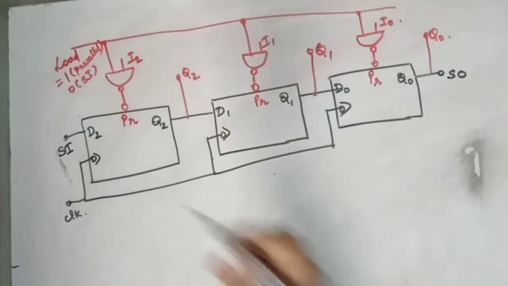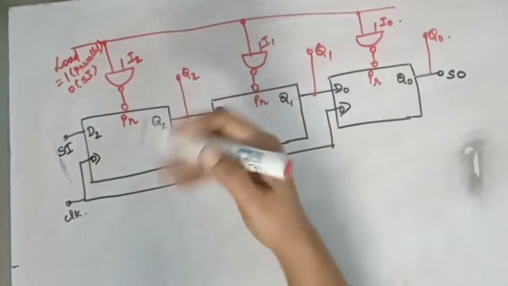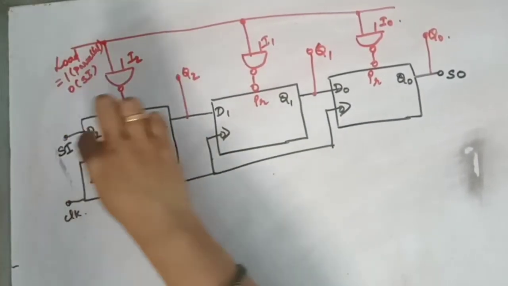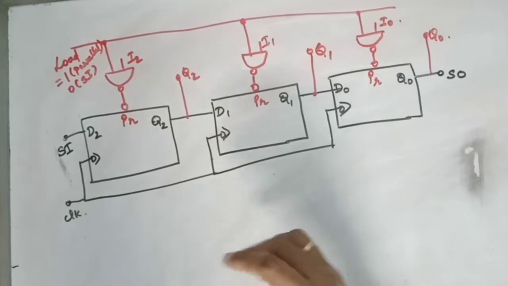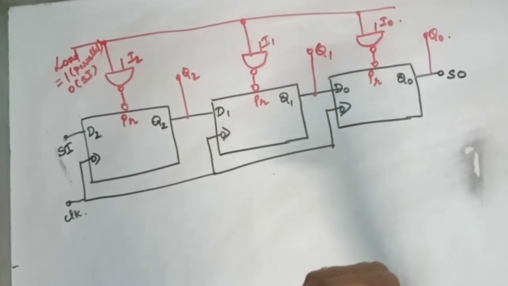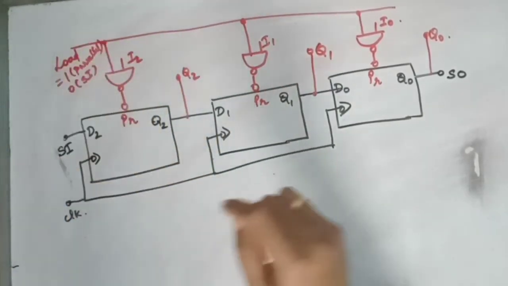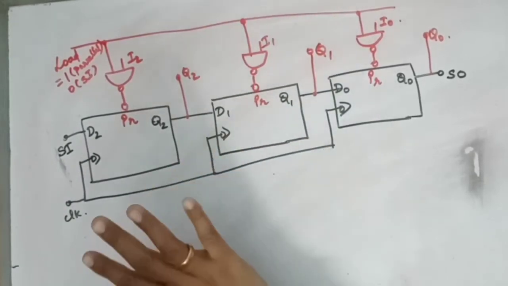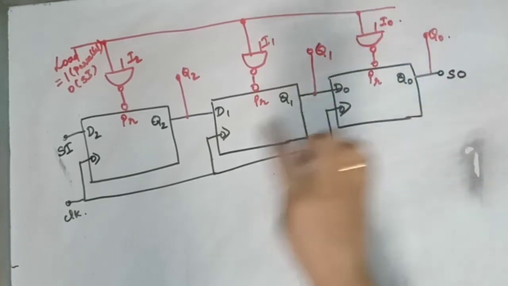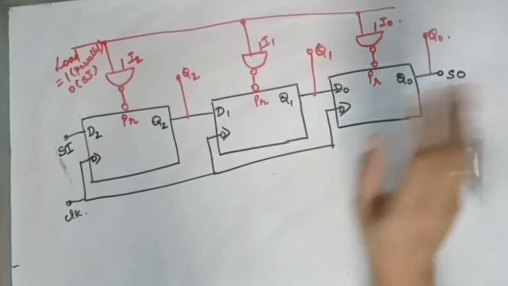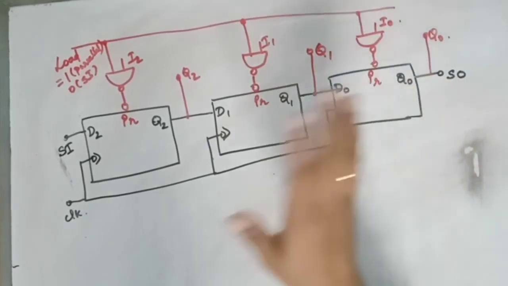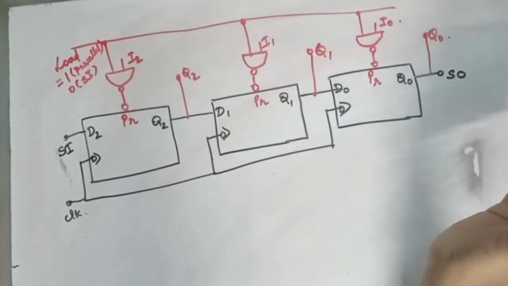If you are going to operate it serially, keep the load equal to 0 and apply the input from here. If you are going to apply the input in parallel, keep this equal to 1. Before the starting of any operation, make the clear equal to 0, make Q2, Q1, Q0 equal to 0, then change the clear.